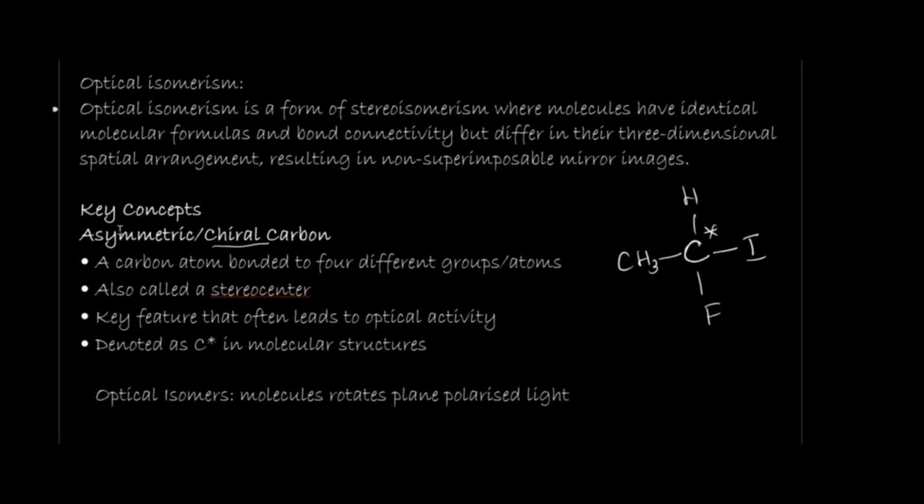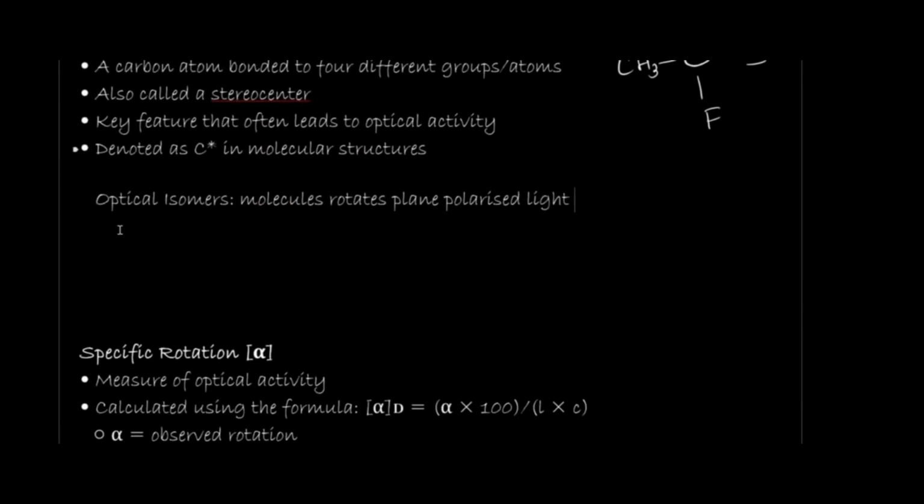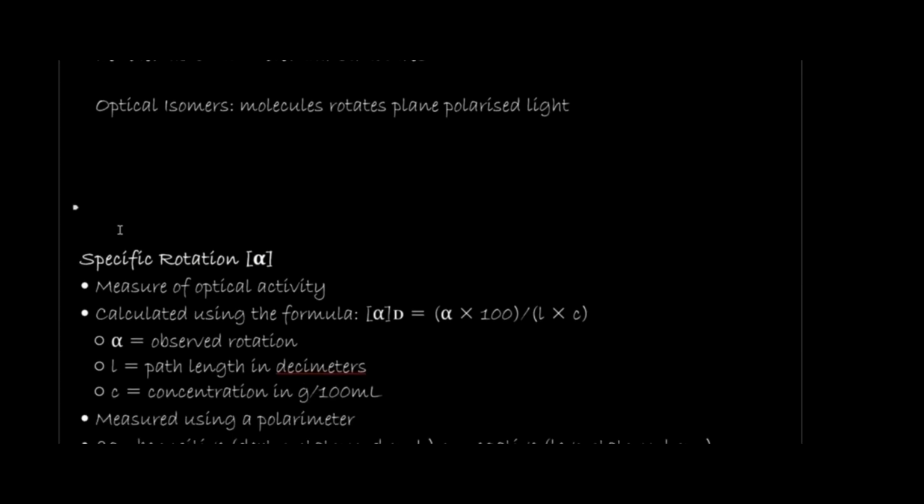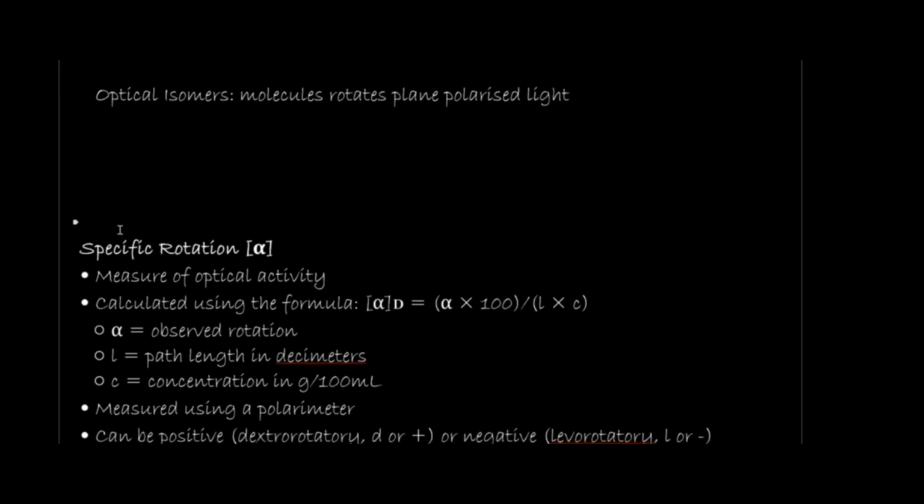Our next part is optical isomers. Optical isomers are the molecules which can rotate plane polarized light. What is plane polarized light? Our normal white light has vertical and horizontal waves in it. Let's say this is the plane.